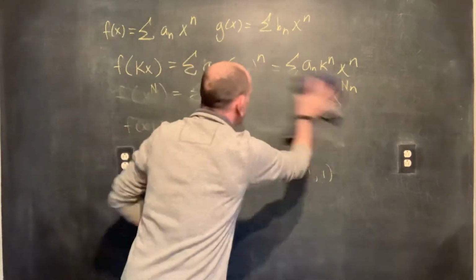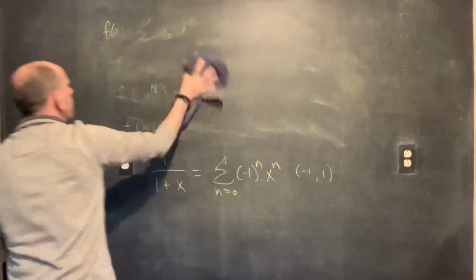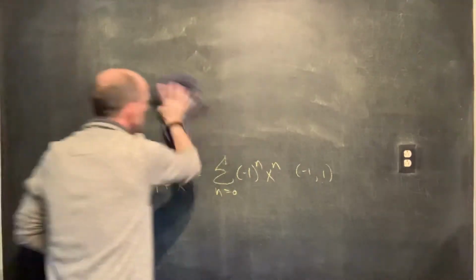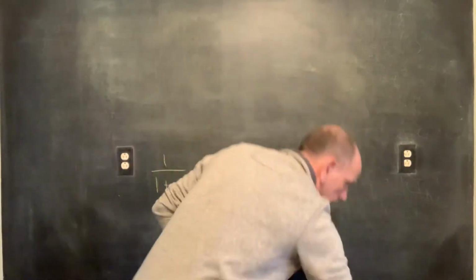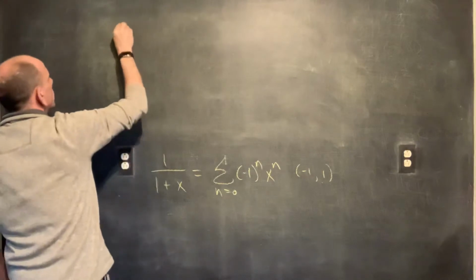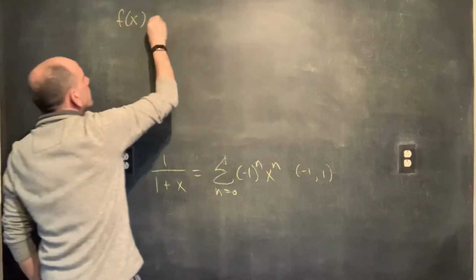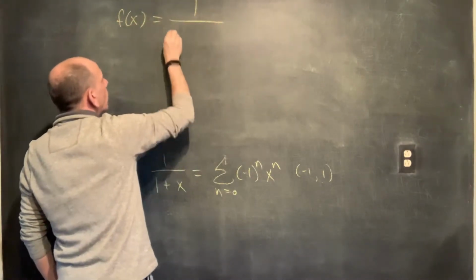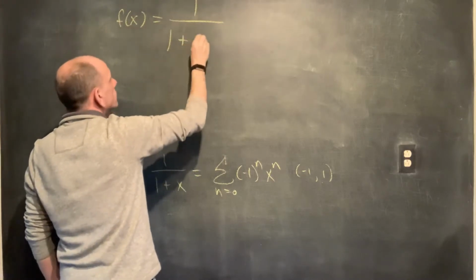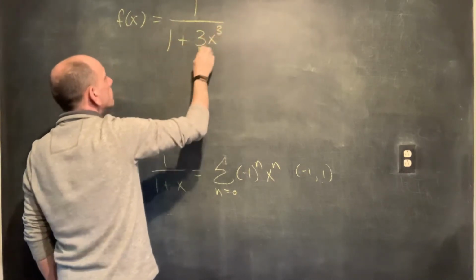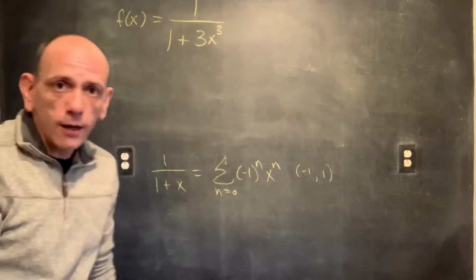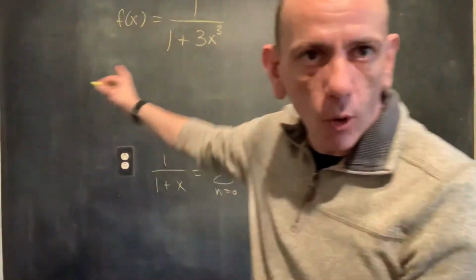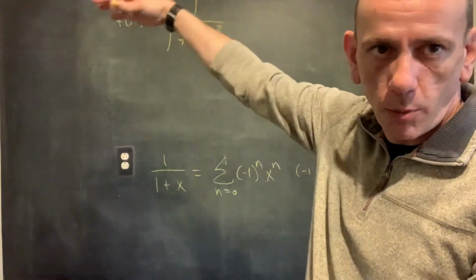Let's say our function was 1 over 1 plus 3x cubed, say, for example. And I go, okay, well, I could have put some multiple upstairs and that's fine. We can just pull it outside, right?